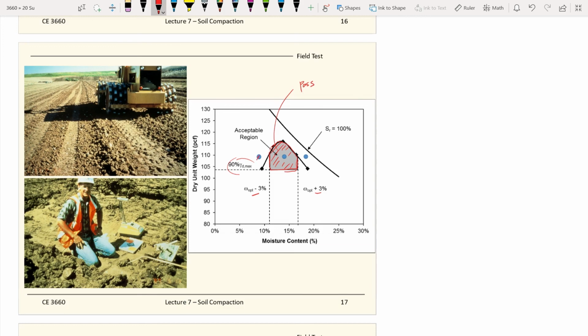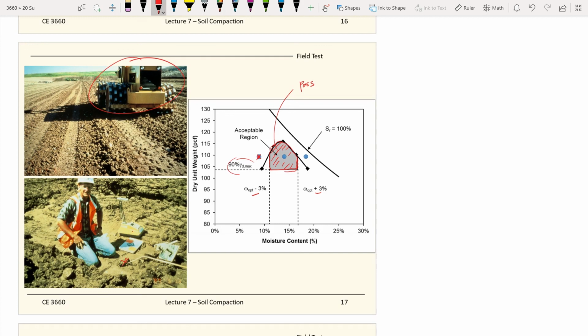So if you get a point here, which means, after the contractors do their passes, their compaction in the field, then as a geotech engineer, very likely as entry level, if you work as an intern or as a first year geotech engineer, you will carry a nuclear gauge to the field and do an in situ, right on the spot density check.